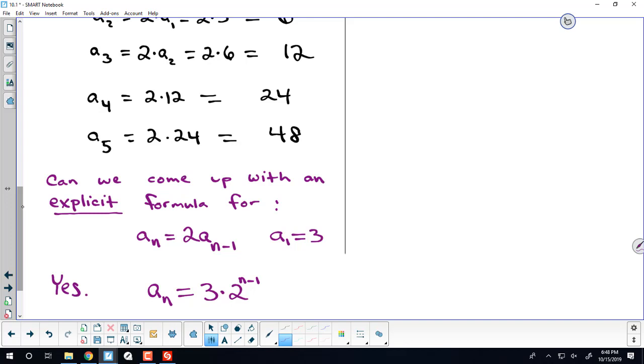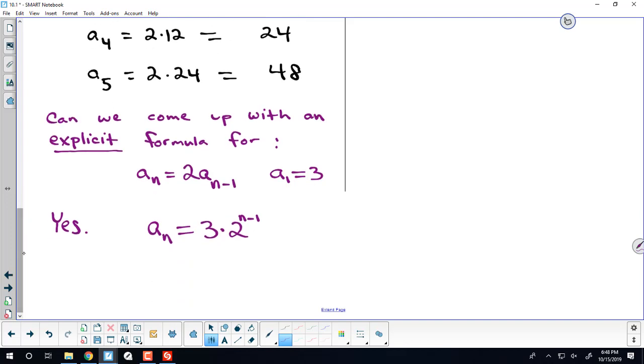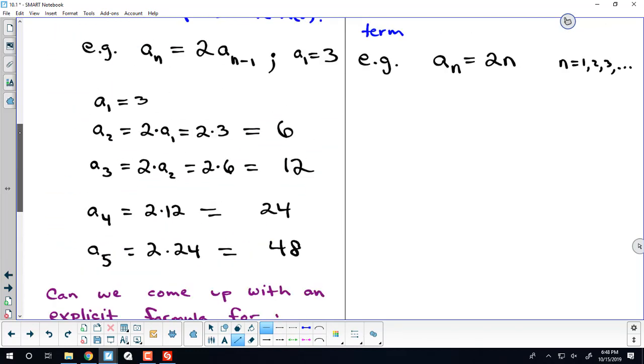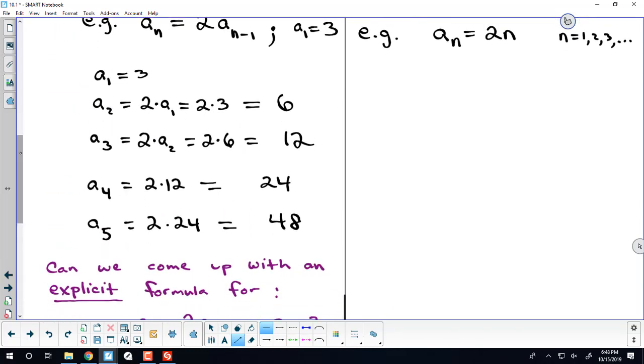Anybody have any questions about that? Did you just guess? Or did you take the a sub 1 term and then multiply it? Well, the idea was, we're looking at twice the previous. So if we wrote that out the long way, the second term was 2 times 3.